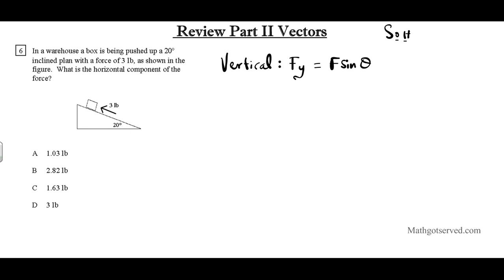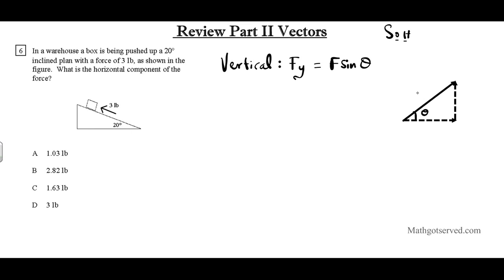Okay? So let me draw a graph of the situation so that you can understand what I'm talking about. So let's say you have a force acting at an angle. This is the horizontal component of the force, and this is the vertical component of the force. This is the angle theta right here.